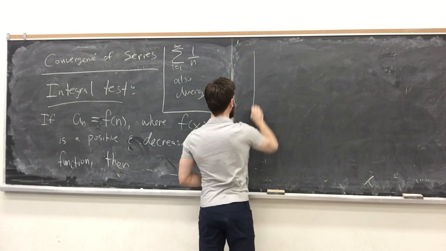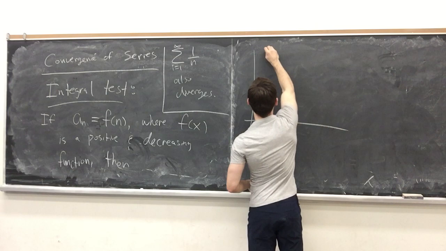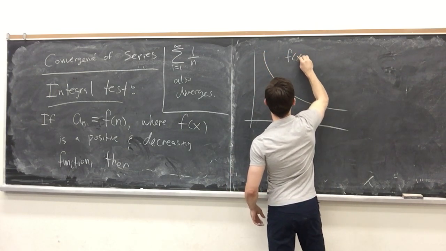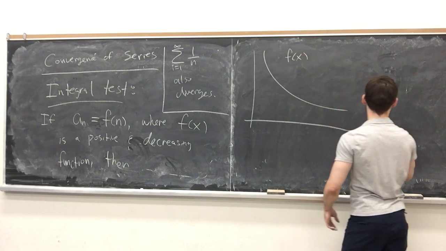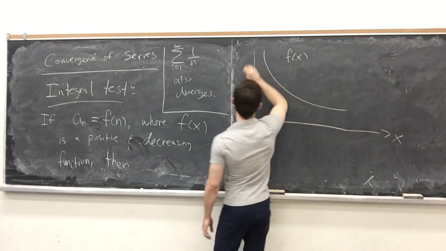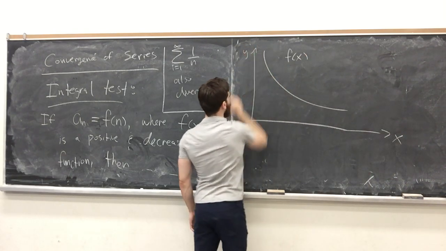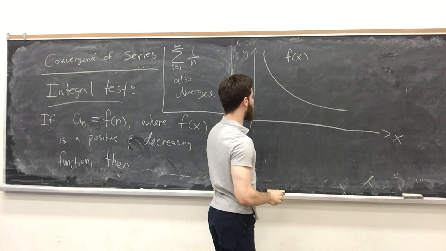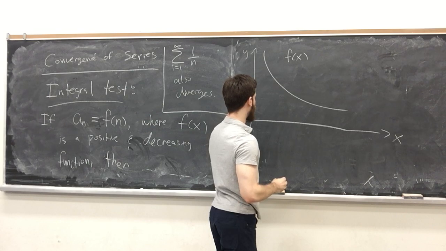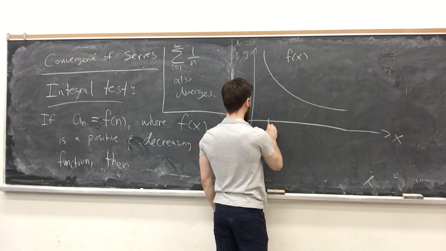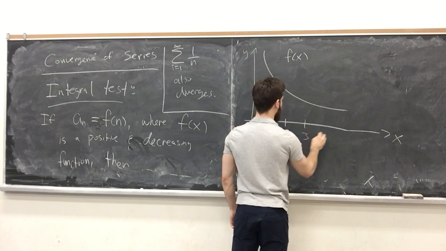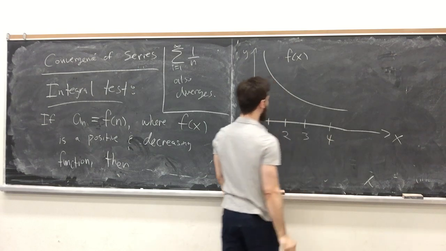So let me draw a picture of some, suppose this is some function f of x. So this function is decreasing and is positive. So what's the idea behind the integral test? So let's say this is 1, 2, 3, 4, etc.